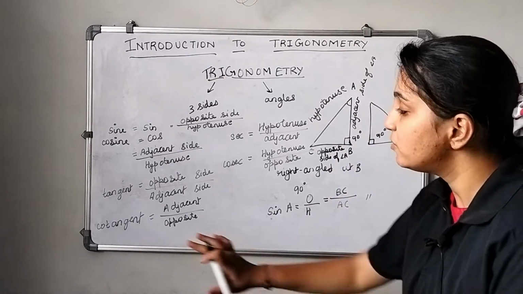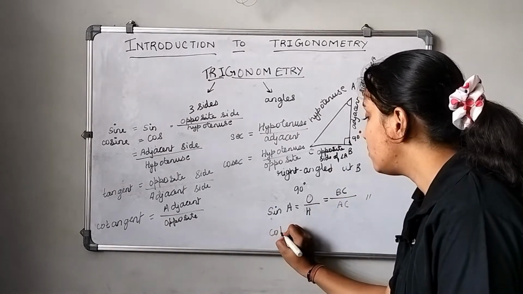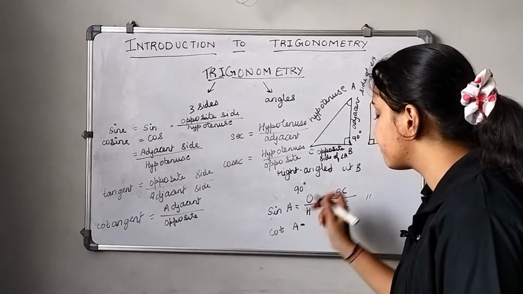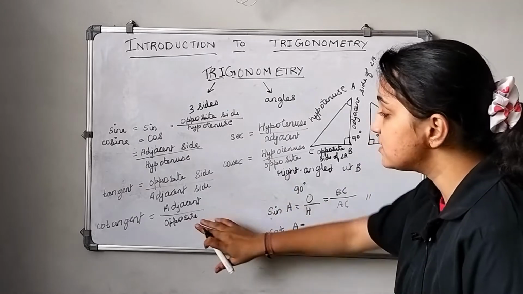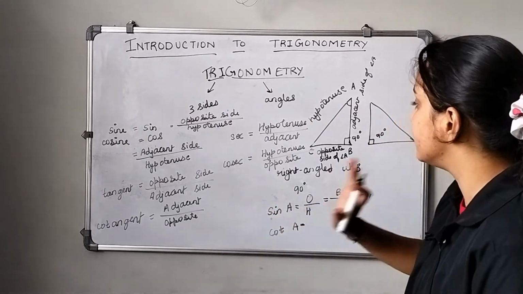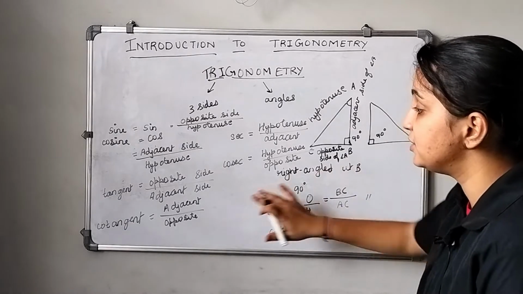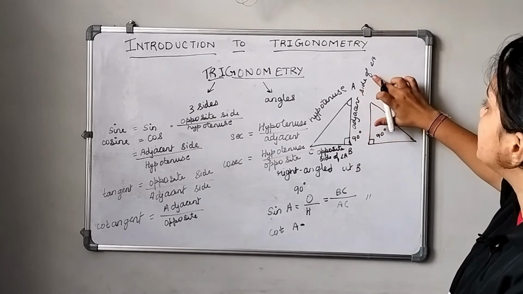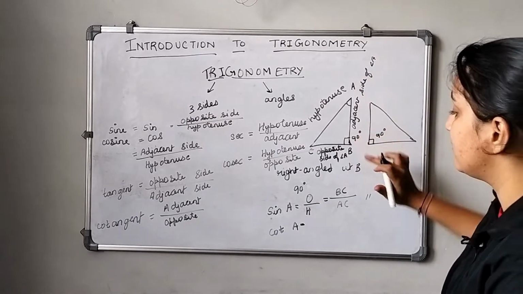Then, if I want cot of A, what does the definition of cot say? Adjacent upon opposite. Which is the side adjacent to A? This is the adjacent side of angle A, which is AB.